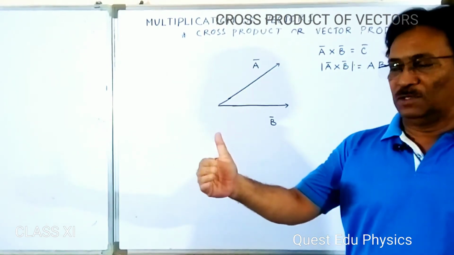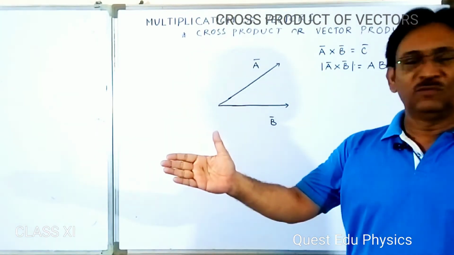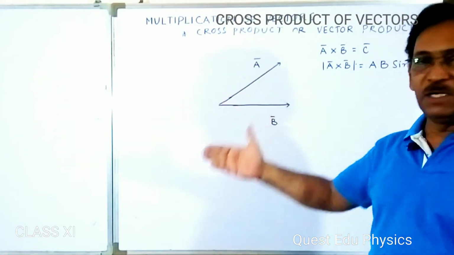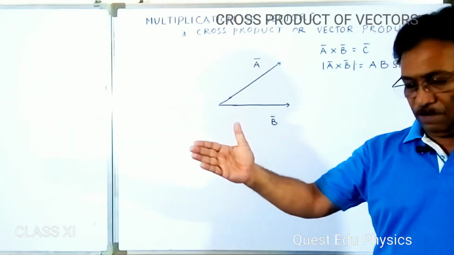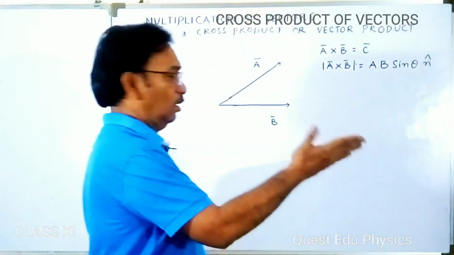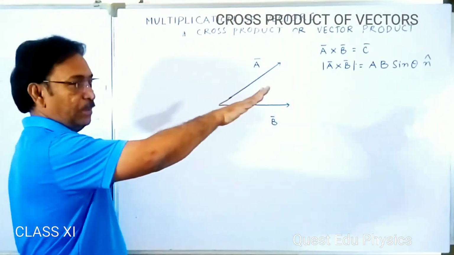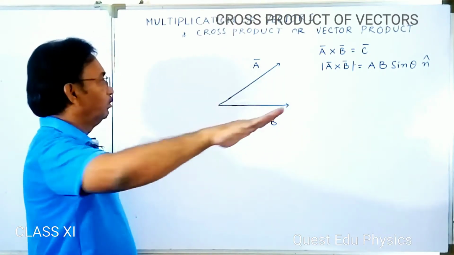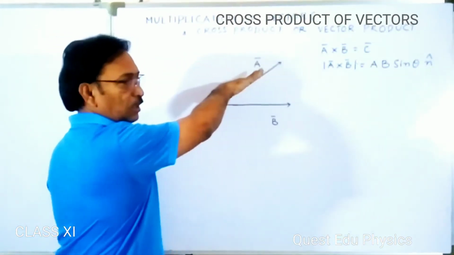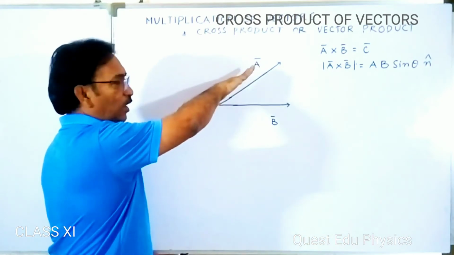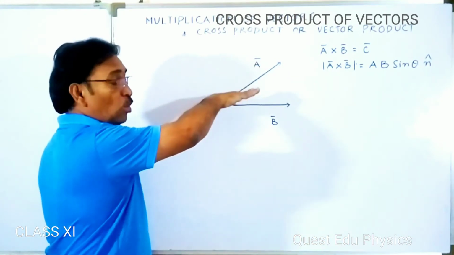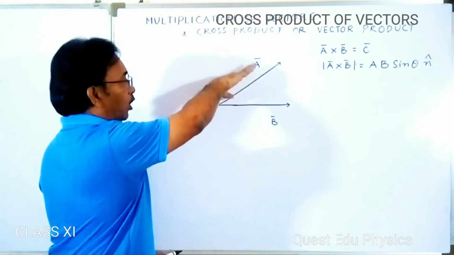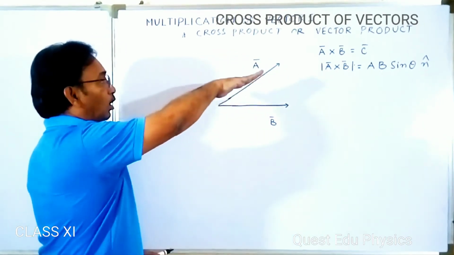This is the key point to know the direction of the resultant of the two vectors which are lying in the same plane. Here, just keep your right palm over the vector from which we have to move. That means we are multiplying A with B, so you have to keep your palm on the first vector.